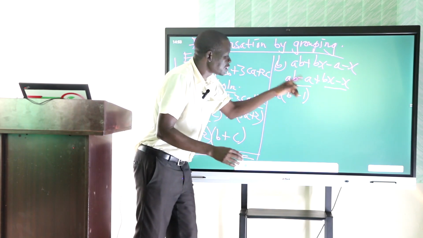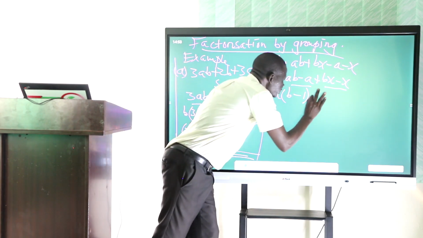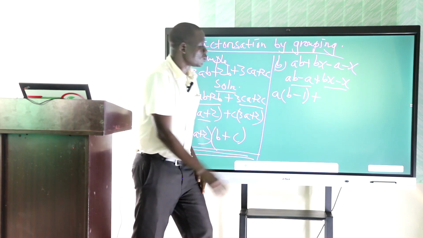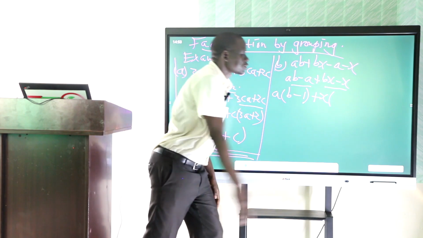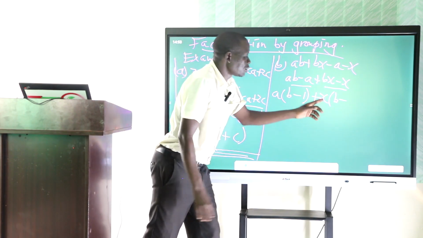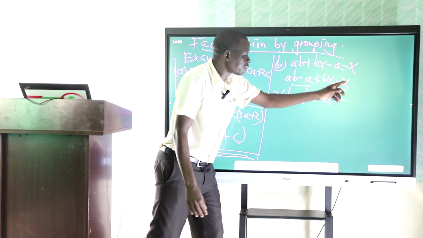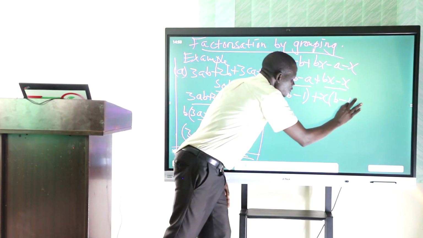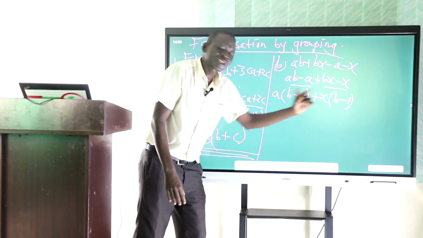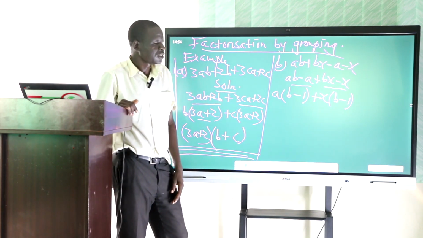Plus, in this group, you find that X is common. Pull out X. We are left with B minus, what can I multiply X with to give us X? We find that it is 1. So we can see that the expressions inside the bracket are now the same.